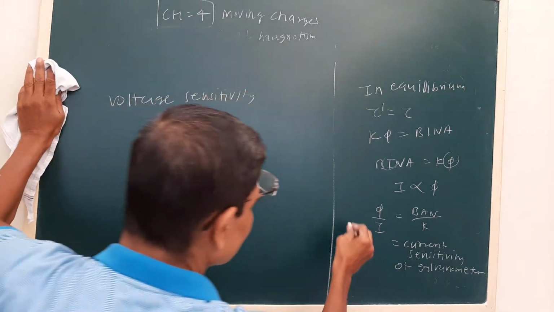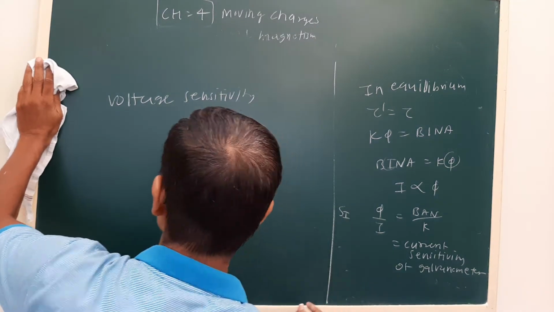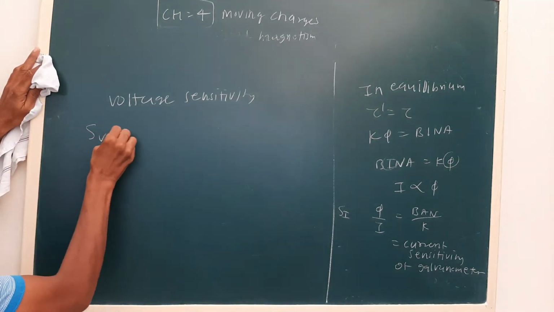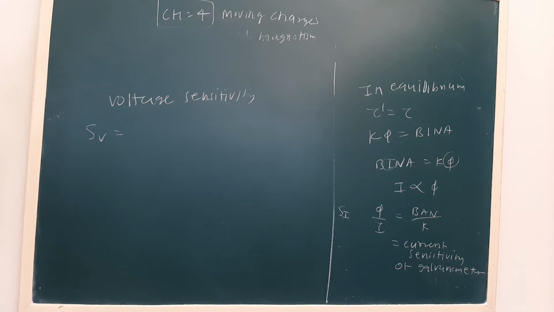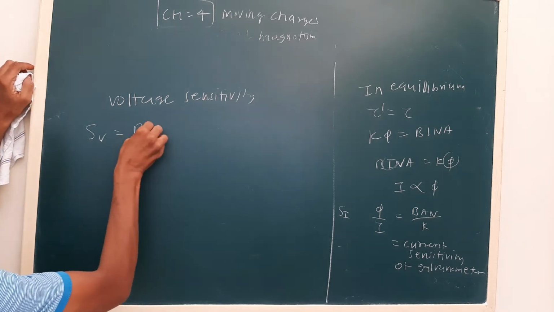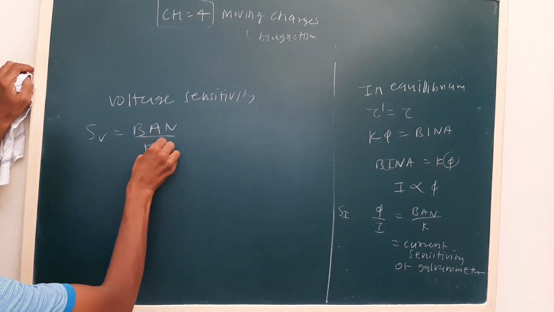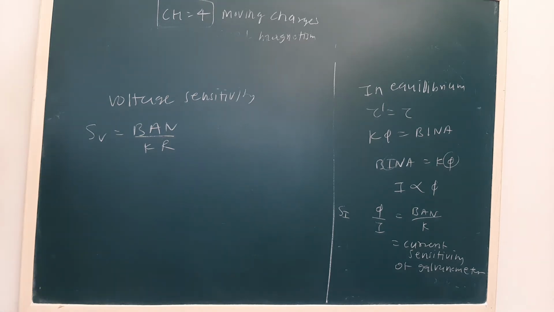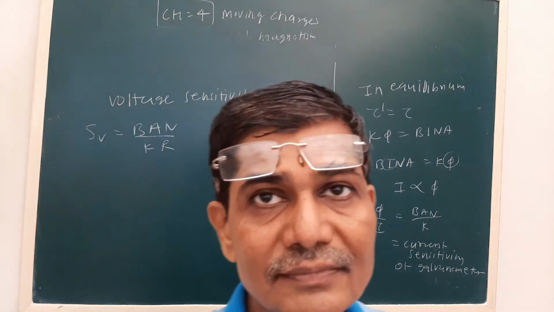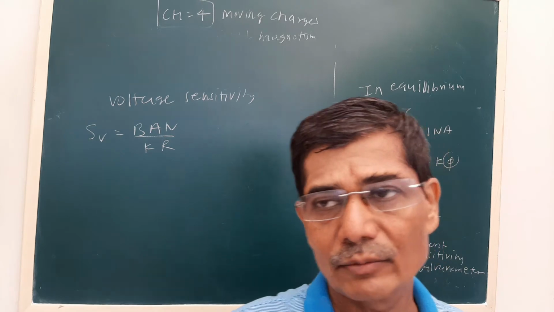The current sensitivity is denoted SI. Similarly, the voltage sensitivity is denoted as SV. Now this is the formula of the voltage sensitivity.